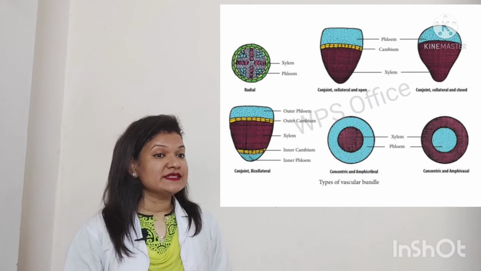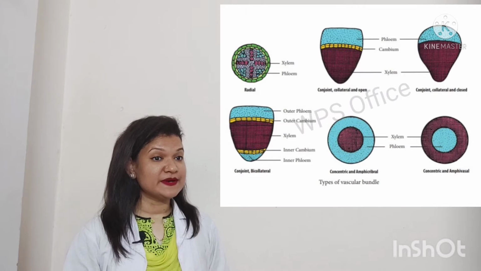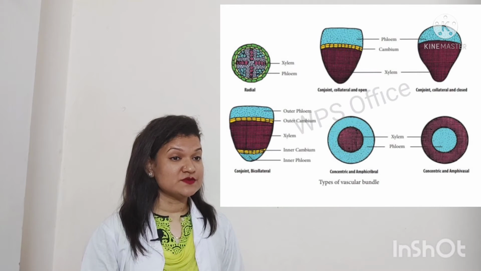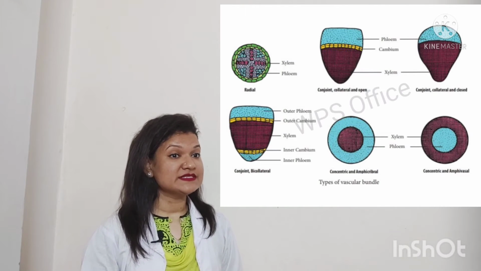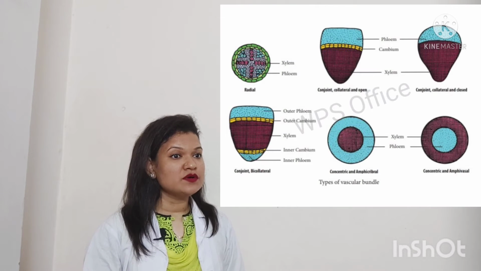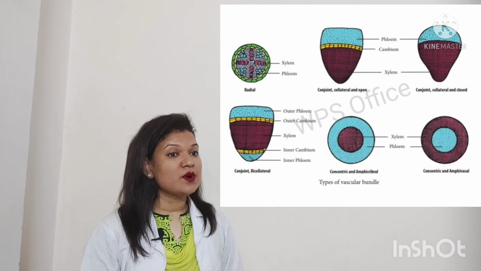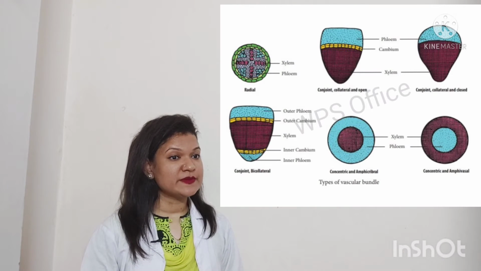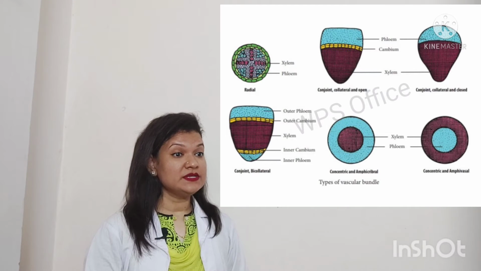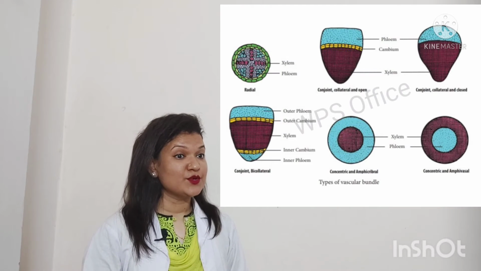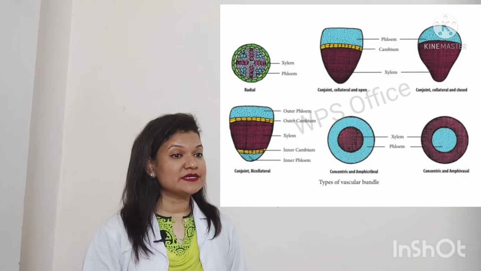As you can see, these are some figures of vascular bundles: radial types of vascular bundle, conjoint collateral and open types of vascular bundle, conjoint collateral and closed types of vascular bundle, and conjoint bicollateral types of vascular bundle, amphicribral and amphivasal. So these are the types of vascular bundle.